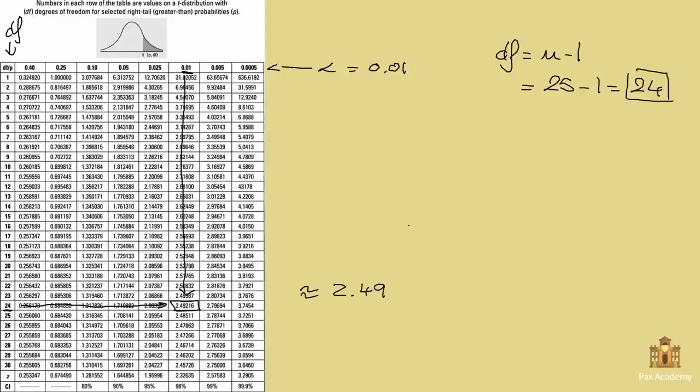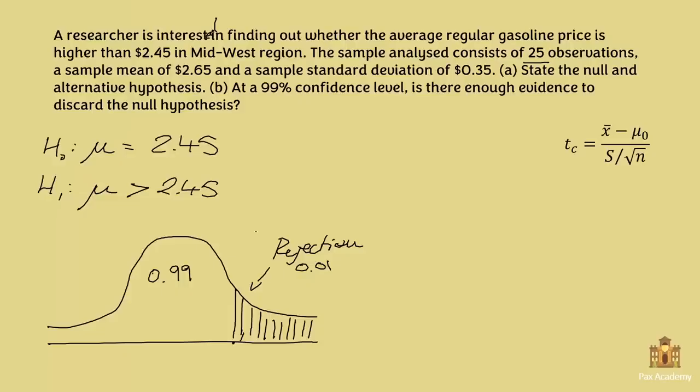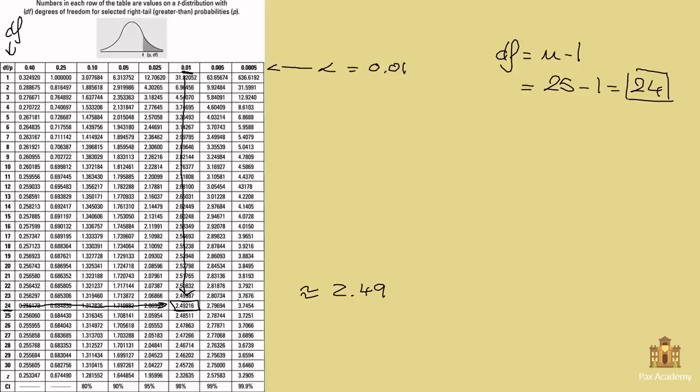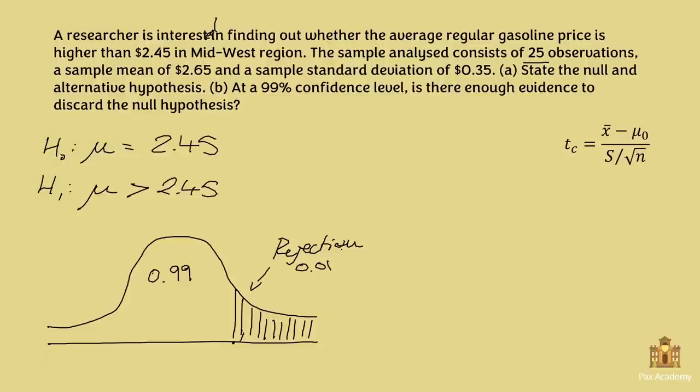Very good. So this is our critical value. And by the way, this can be negative or positive. You choose which one is better for your exercise. So in this case, we need the positive one. So our value is 2.49. This is our critical value. Excellent. And now we need to find out the t value and see if we can reject the null hypothesis.